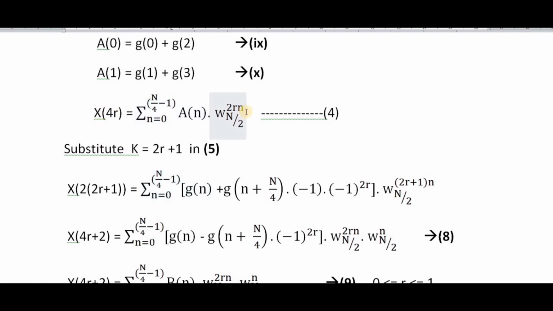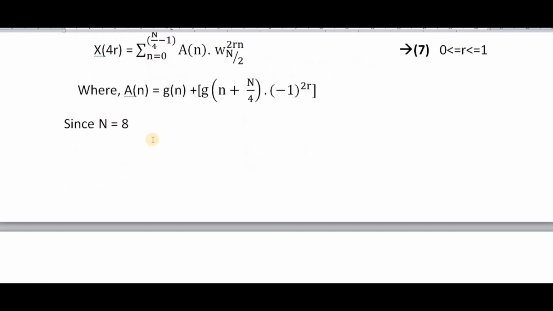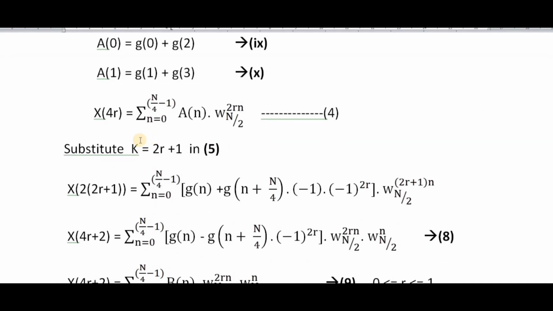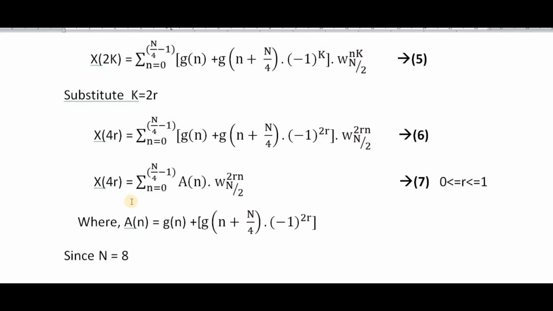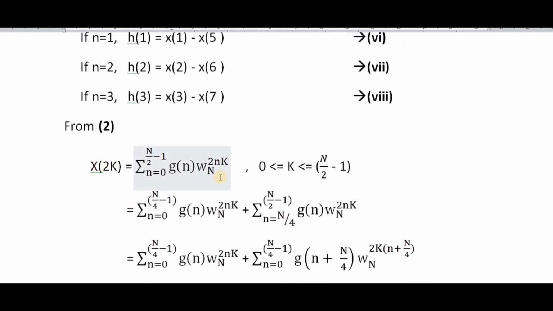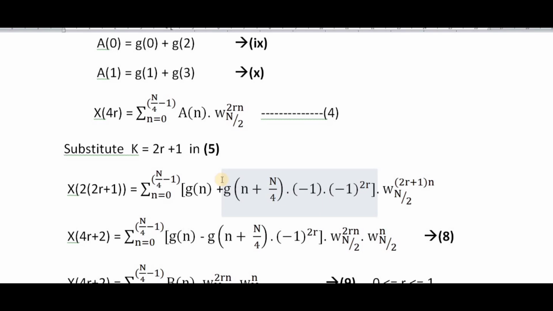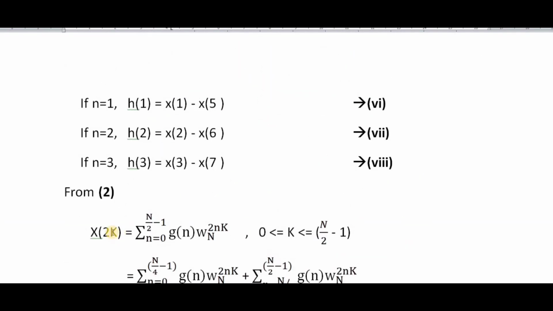Now from this equation, again, you are going to substitute. So this is my equation. From the G of n equation, you're going to substitute, instead of 2k, 2r plus 1.